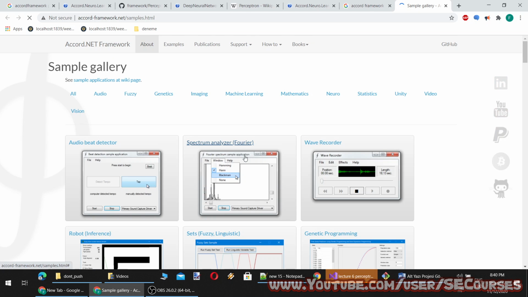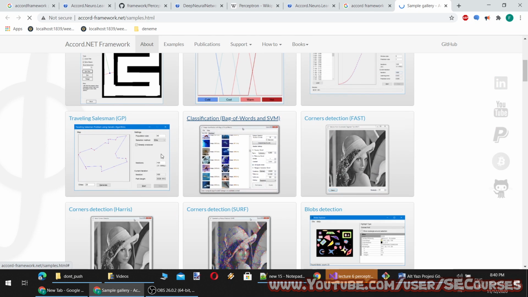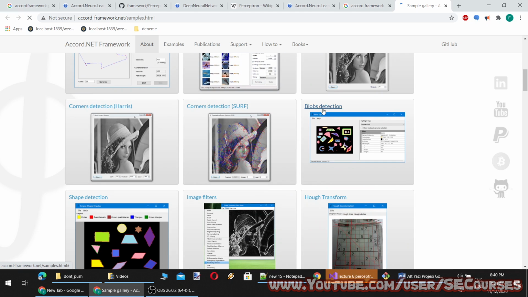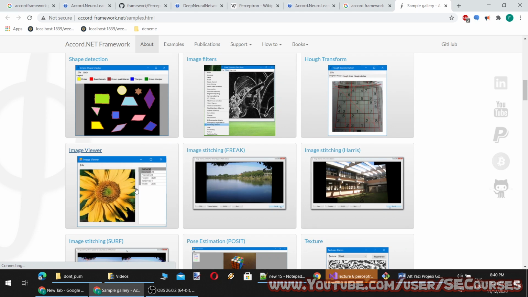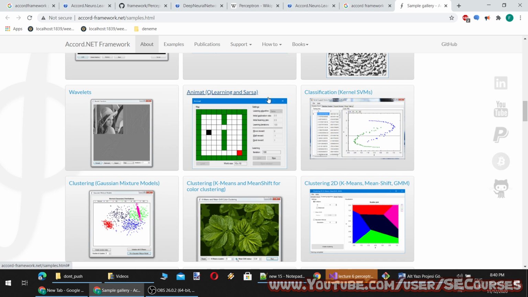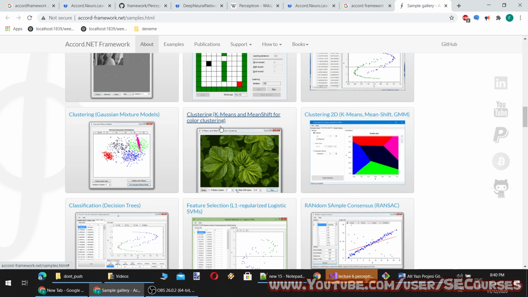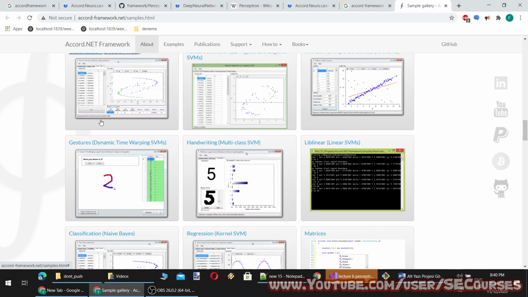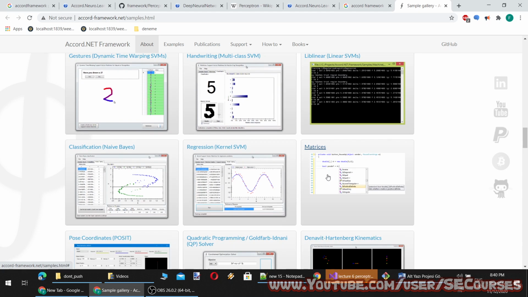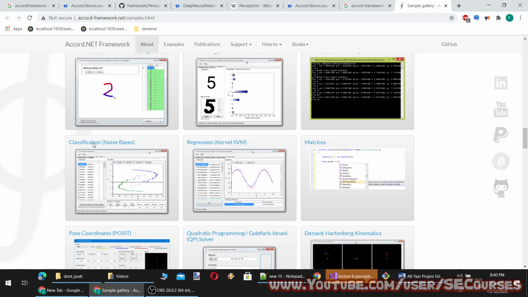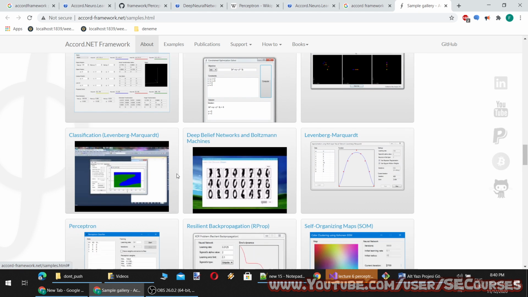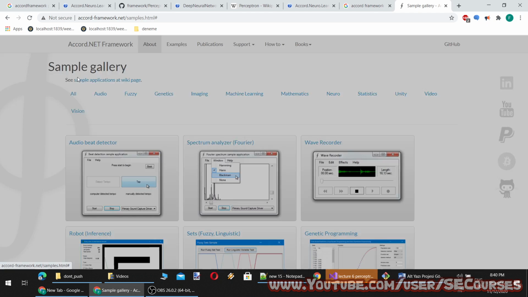Okay, let's check their sample gallery. And I believe there was one example for this. Okay, classification. Okay, Perceptron.